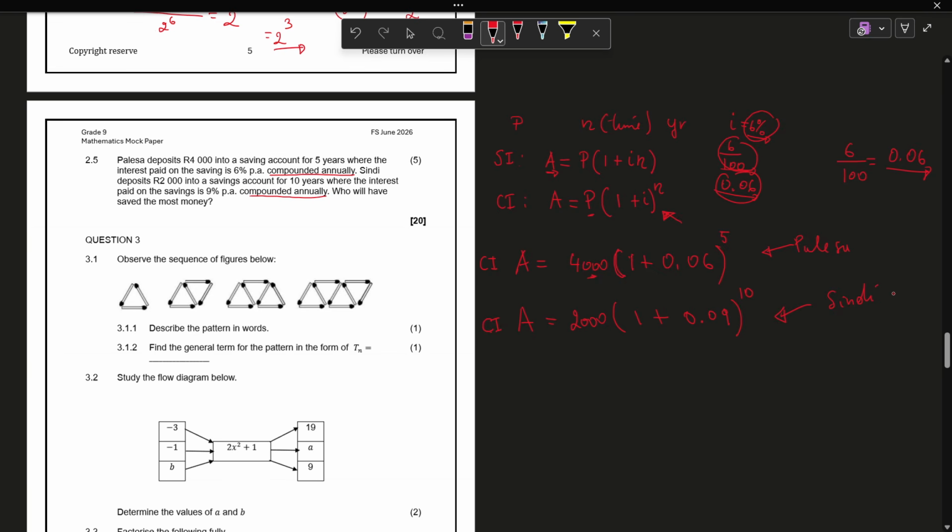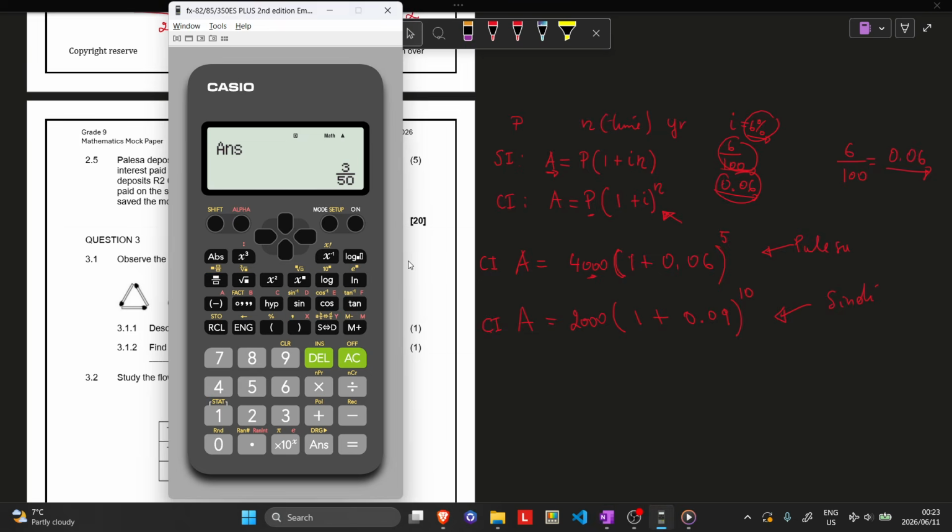Where are we going to have the most accumulated amount? We take our calculator, and we're going to have, first case, 4,000, open bracket, 1 plus 0.06, close brackets, and then exponent 5.